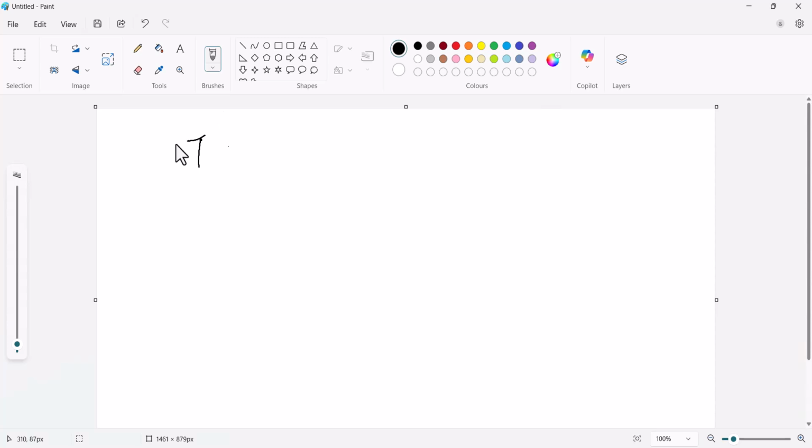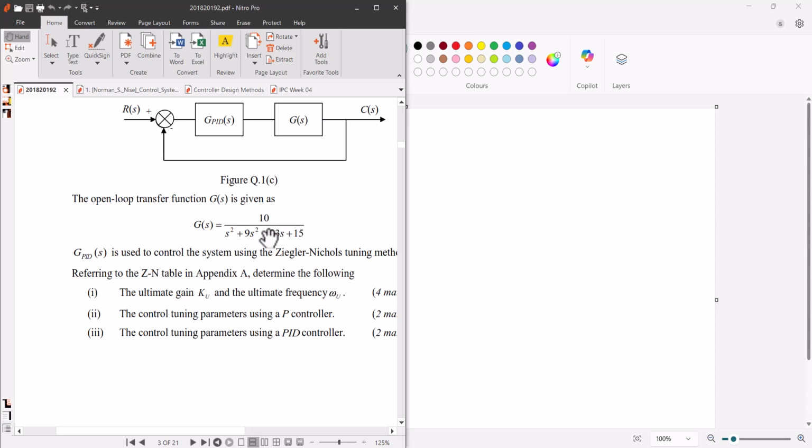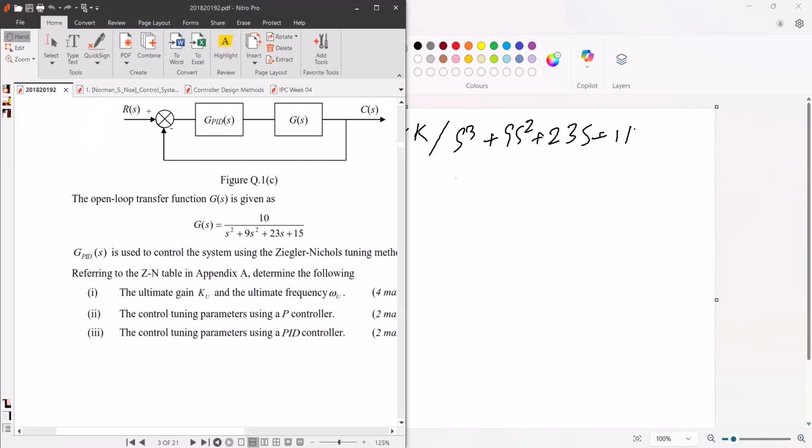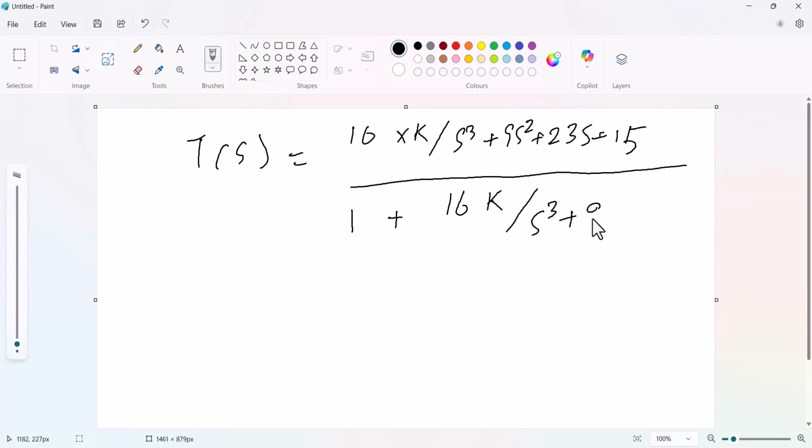So T of s will be equal to the multiplication of these two, and then 1 over 1 plus this thing, so 10 into K over s cubed plus 9s squared plus 23s plus 15, right? It is 15, so it will be 1 plus 10K over s cubed plus 9s squared plus 23s plus 15.